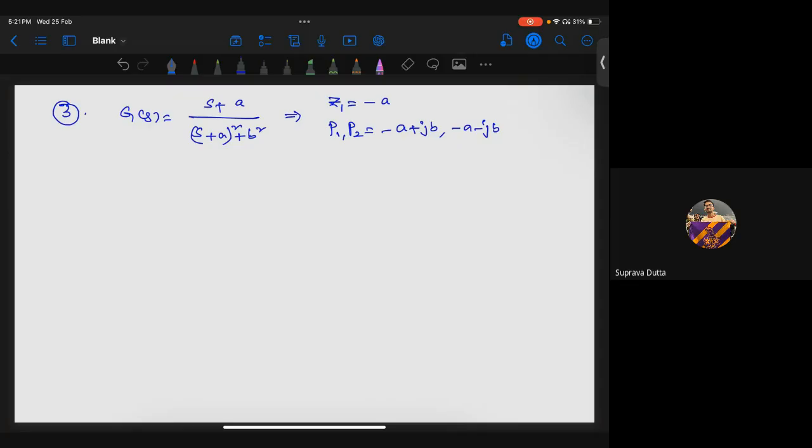Let us consider a greater than 0, b greater than 0. Now tell me the S plane. The zero at minus a will be somewhere here, correct? Minus a plus jb.